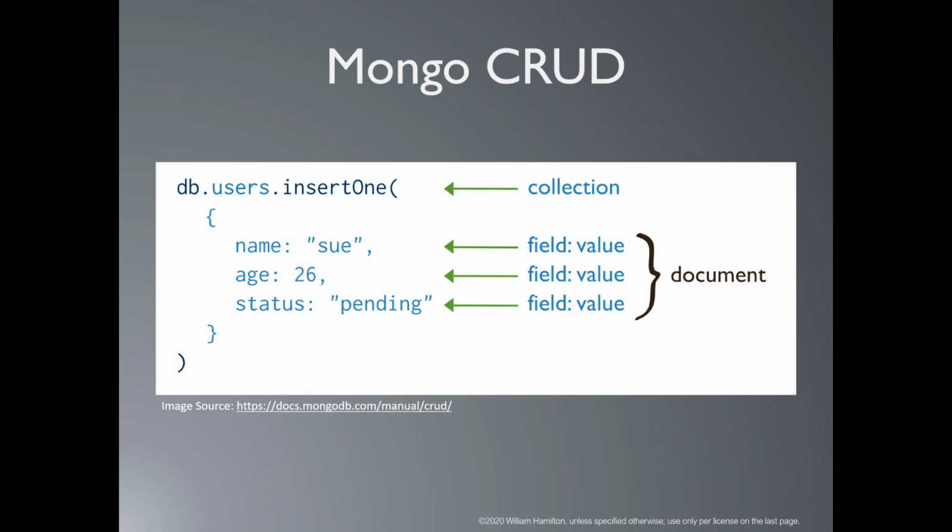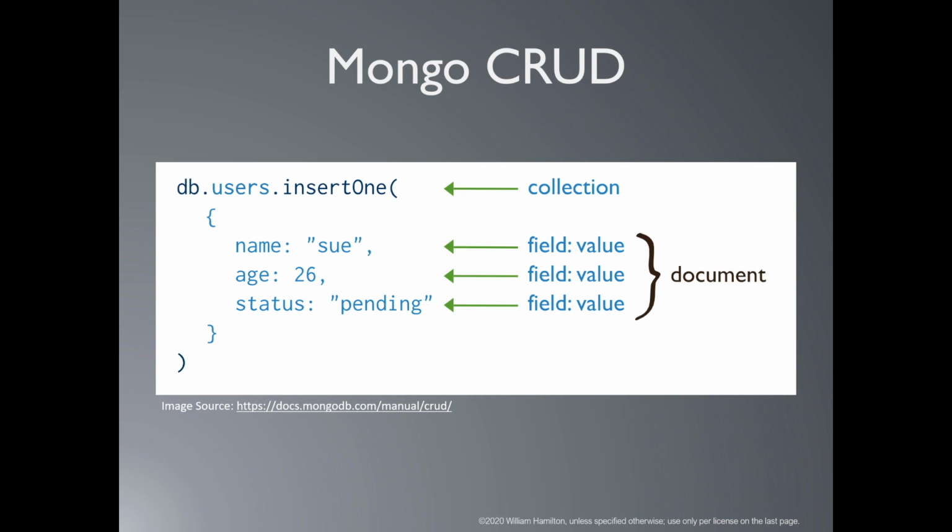So this first one is create. If we want to add a document to one of our collections, we just call insertOne. And all of this notation is what you would do from the Mongo command line, which I'm going to demo here in a little bit. So even the notation for the Mongo command line is very JavaScripty.